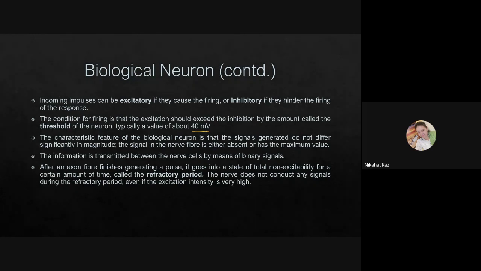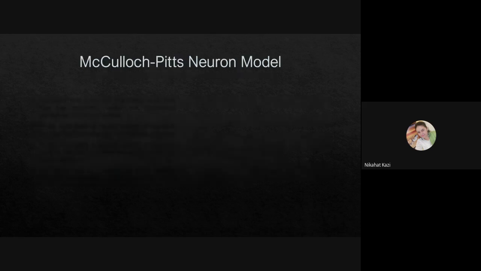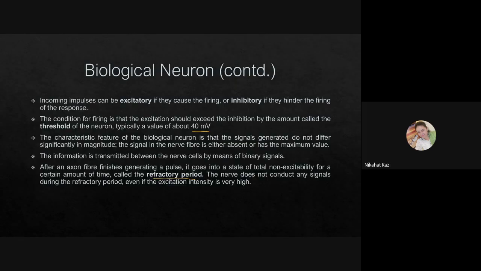In this duration of time, it is not going to conduct any kind of signal, even if there is some excitation with high enough intensity. Still, it will rest for that much time, and then it will proceed with firing again. So it will fire, then rest, then fire, then rest. That is how it works. So that is about the biological neuron.